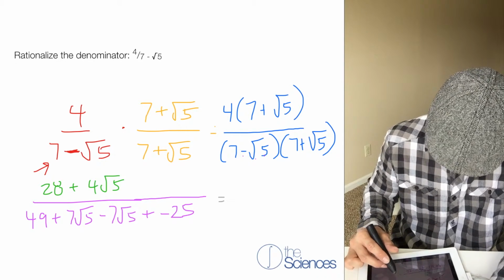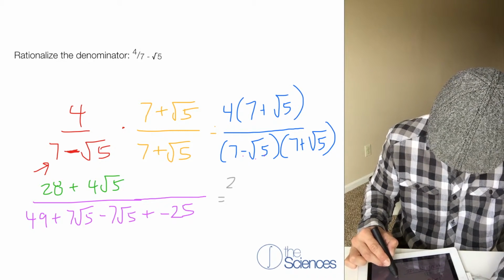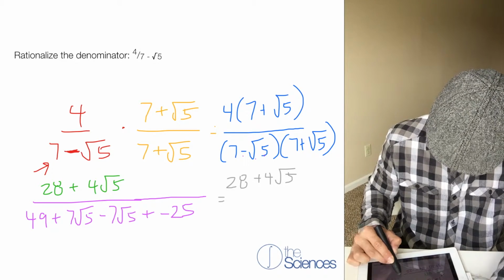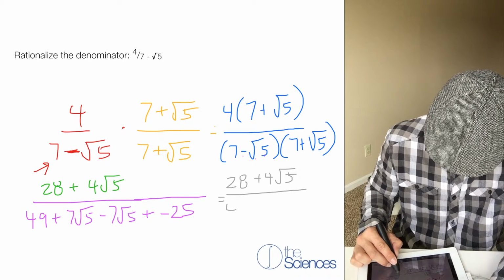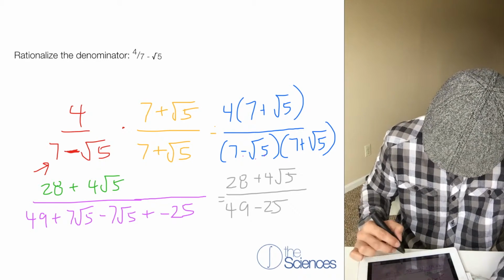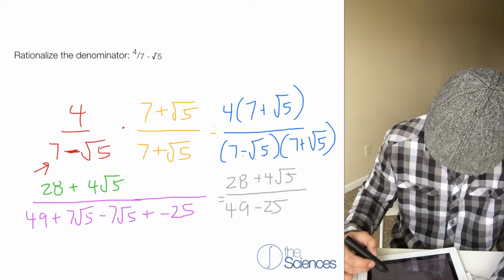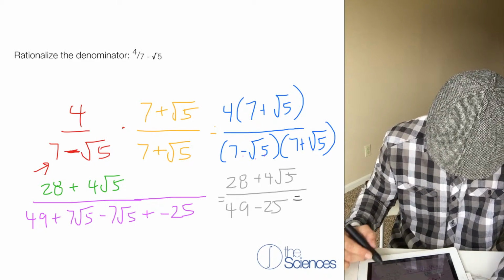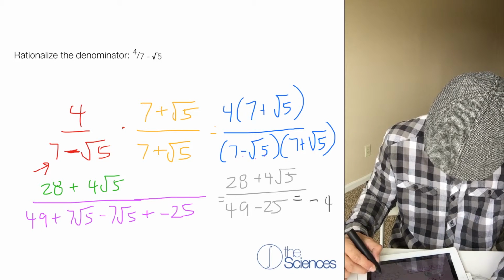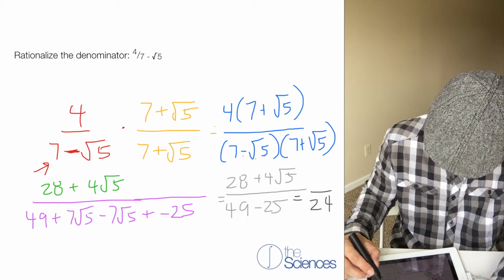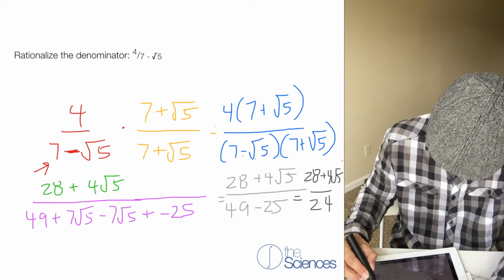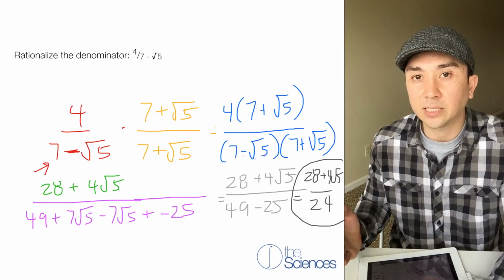So now we have 28 plus 4 square root of 5 divided by 49 minus 25. Now we get 49 minus 25 is 24, so we have 28 plus 4 square root of 5 divided by 24. So that's our answer.